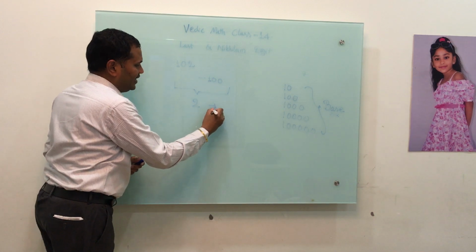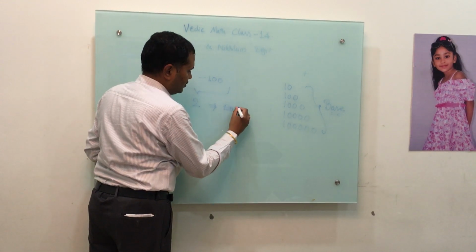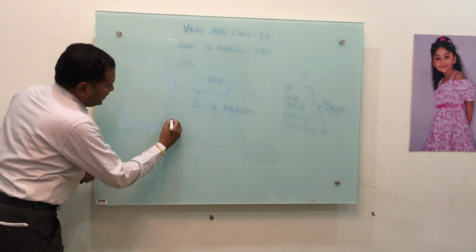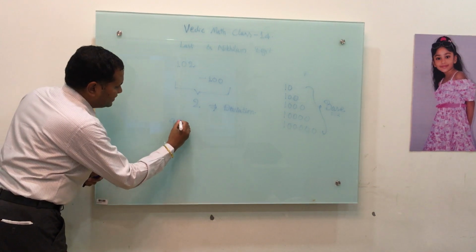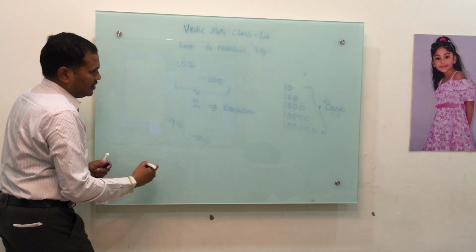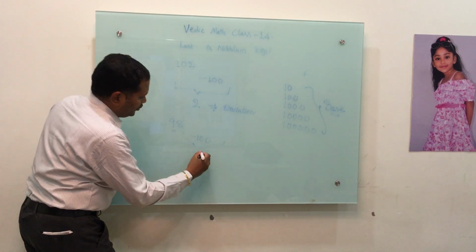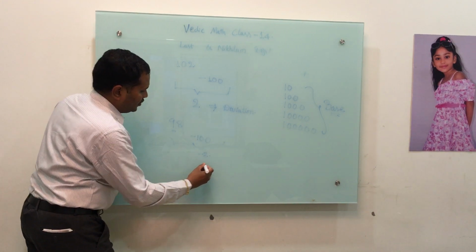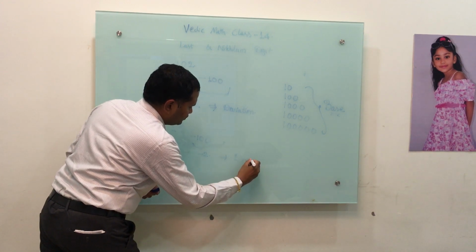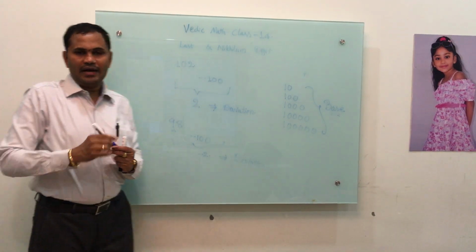That is called deviation. Let us see the same way for 98. What is the closest base? That is 100. Again, if you subtract 100 from 98, what you get is minus 2. So here the deviation is minus 2.